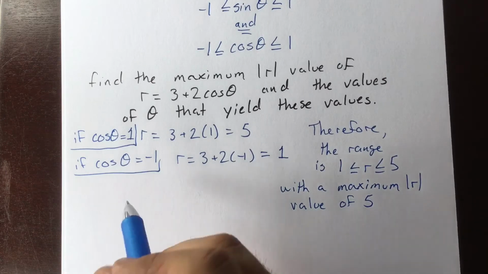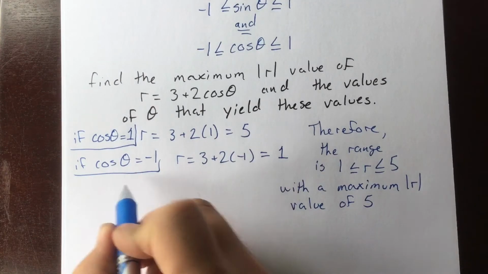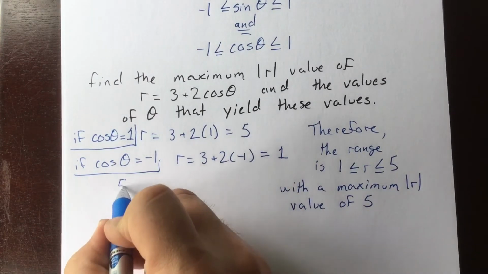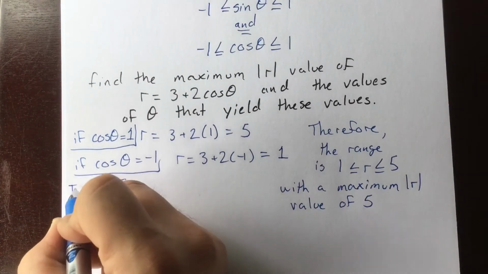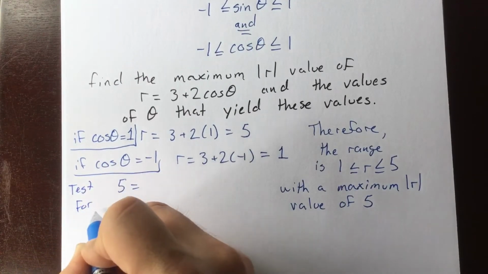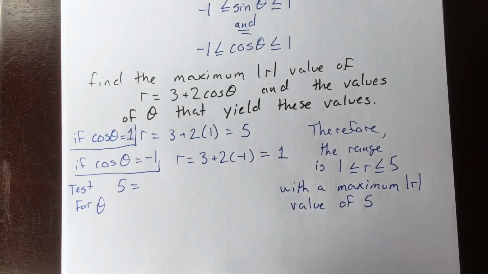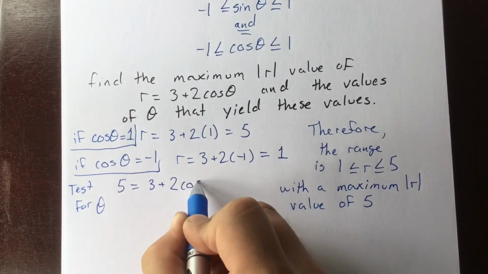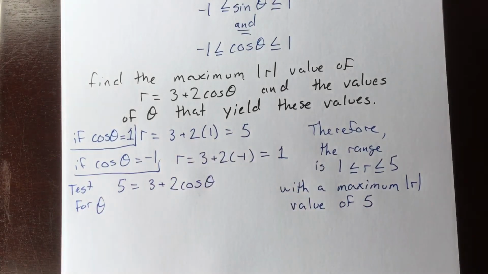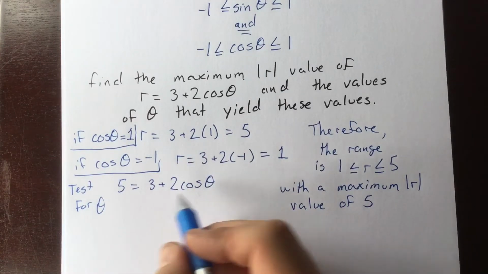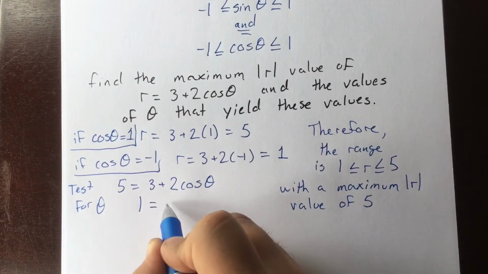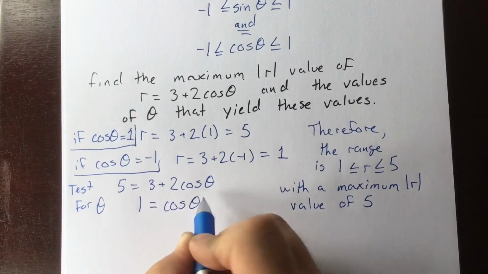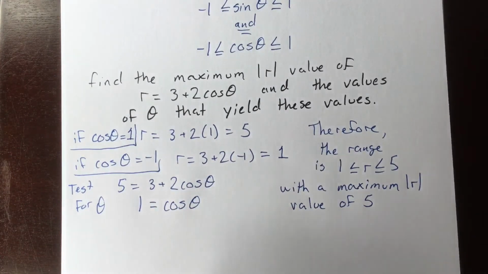Okay, so moving on. So let's say we had, well, what if the R is 5? So we test for theta. If R is 5, what theta values give us that point? So we subtract 3, divide by 2, and yes, we get 1. Maybe you might have known that. We would have gotten 1 through simplifying.